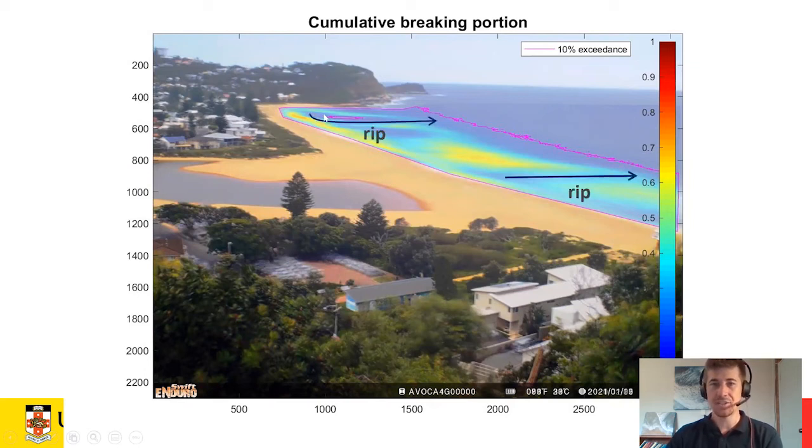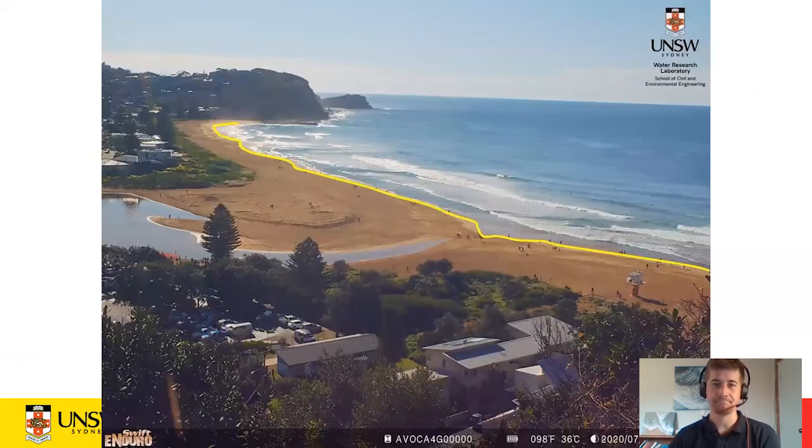The first thing you'll notice is these areas where there's no wave breaking, which is where the deeper water is and where the rips are more likely to be, in these two channels. You can also see where sandbanks are more likely located, because there's a higher intensity of wave breaking. So these have quite useful applications in understanding nearshore morphology of coastal locations, and they can be unlocked using a very cheap $700 camera.